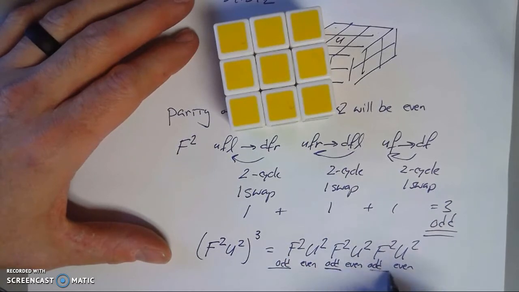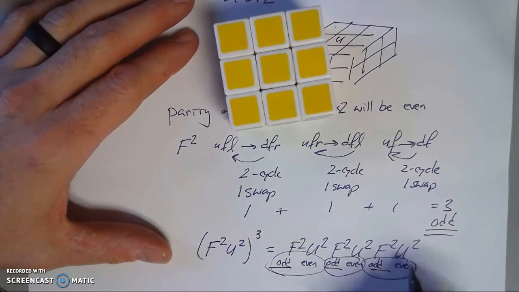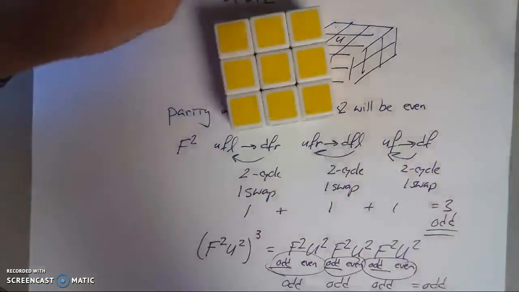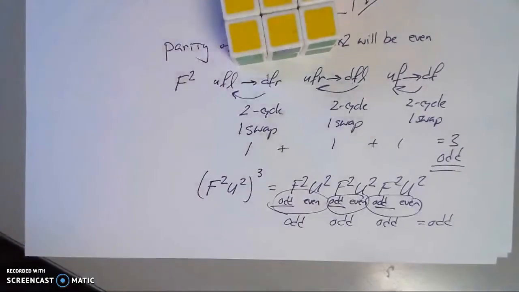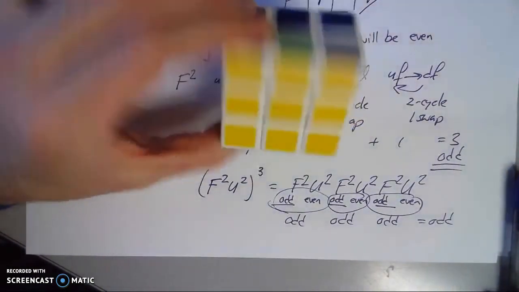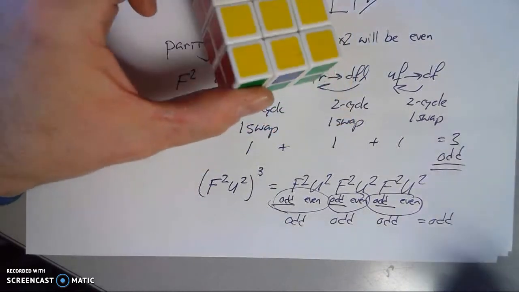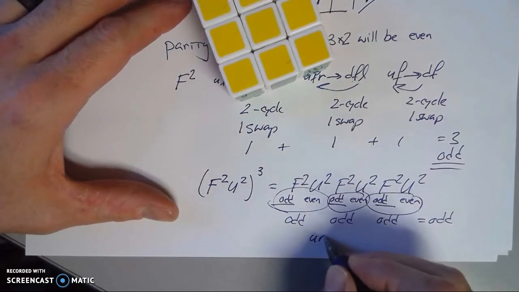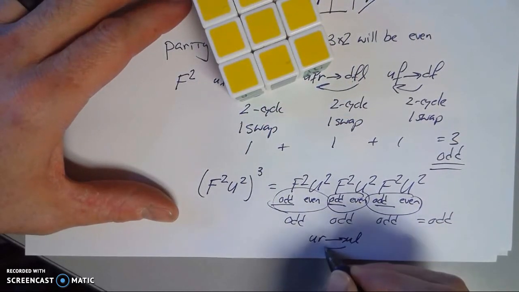So if you add an odd and an even, it's odd. Odd and an even is odd. Odd and an even is odd. So this is odd. This is an odd. This is an odd. 3 odds is odd. We have an odd permutation, which we do. Right? It amounts to up right goes to up left and back again.